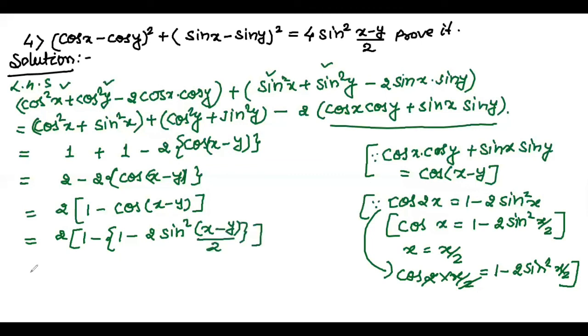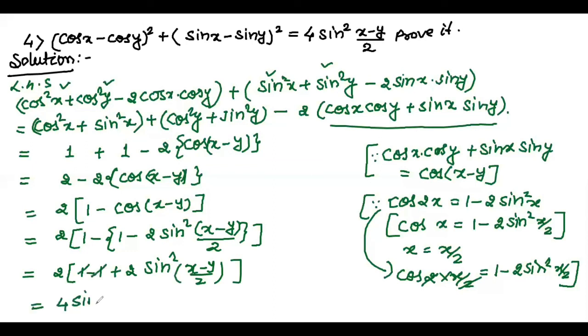Now calculating it: this is 2 into (1 minus 1 plus 2 sin square (x minus y) by 2). Now we are getting 4 sin square (x minus y) by 2, and this equals the right hand side.